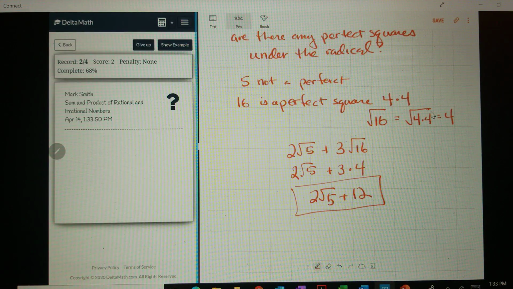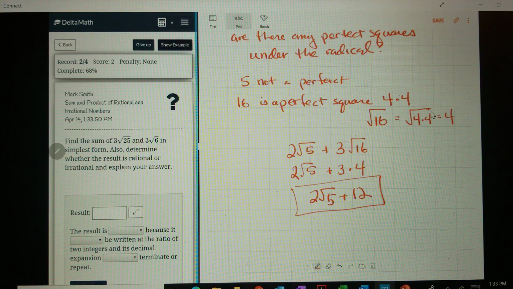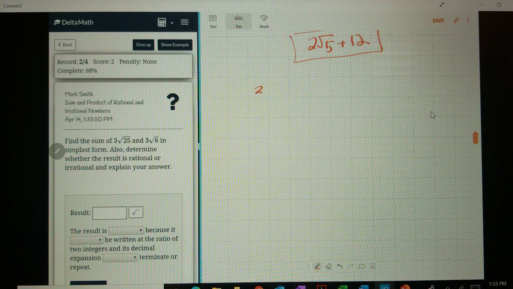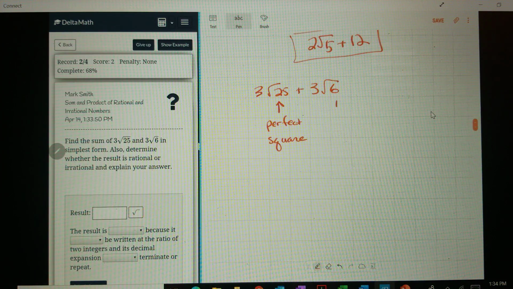We'll do one more of these, even though we don't have to. We're going to get 3 times the square root of 25 plus 3 times the square root of 6. First, 25 is a perfect square, and 6 is not a perfect square.